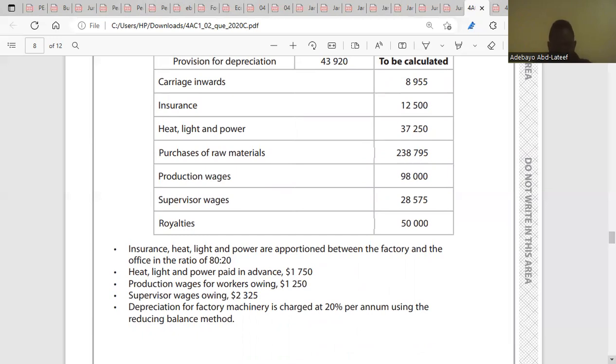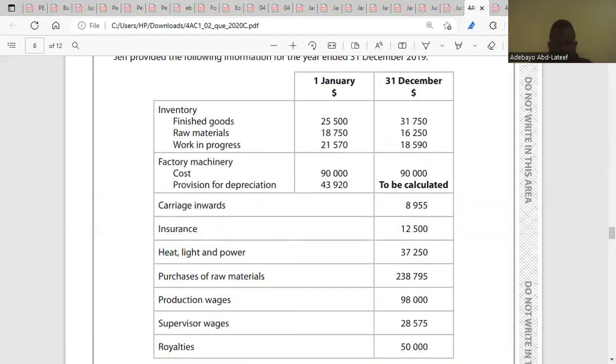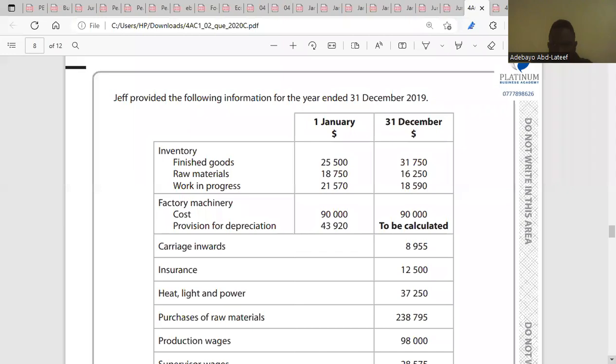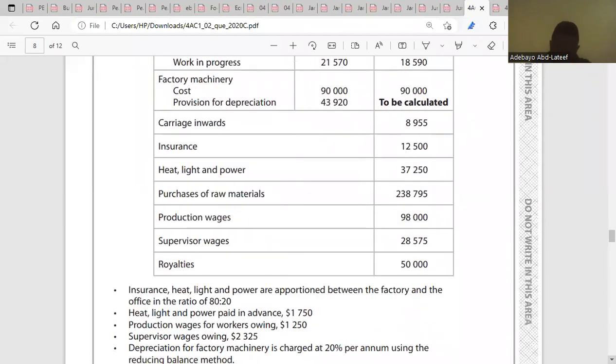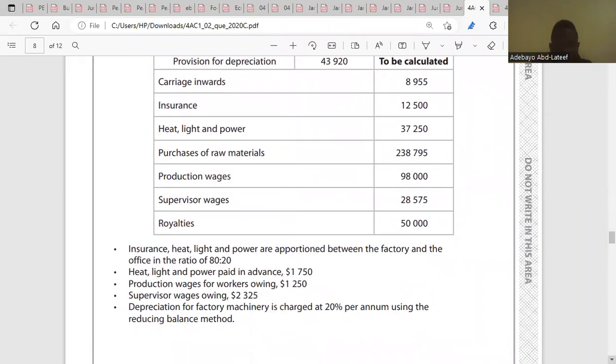Then they said insurance, heat, light, and power are apportioned between the factory and the office in the ratio of 80-20. So we have insurance. They said insurance is 12,500.